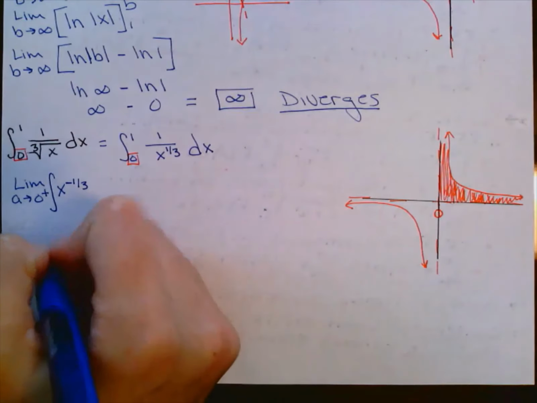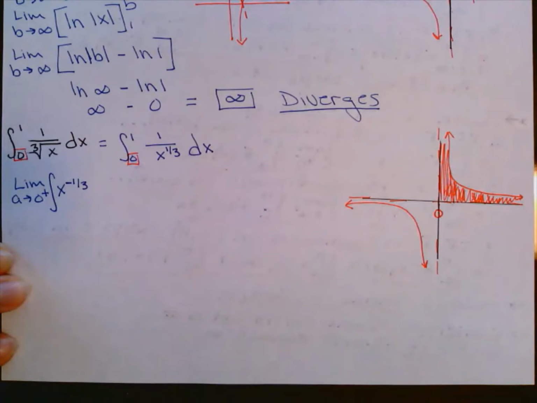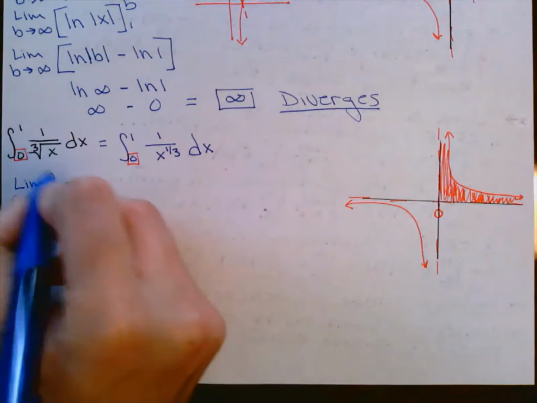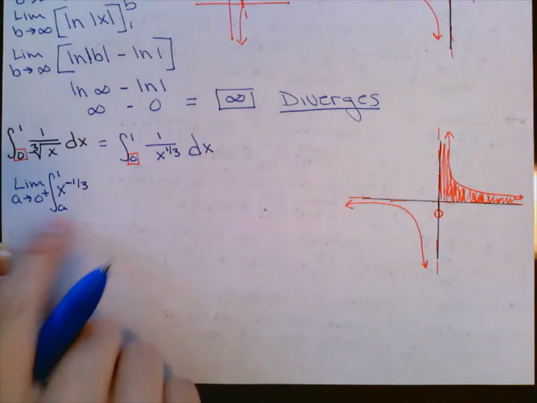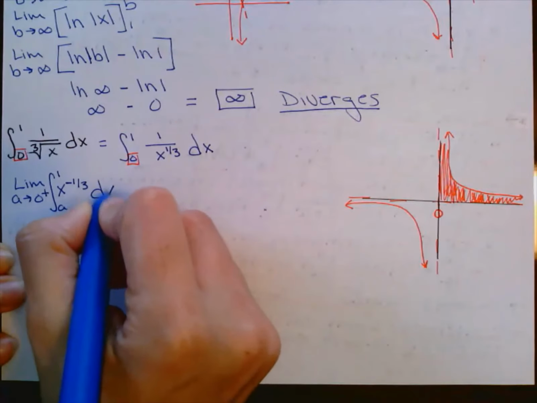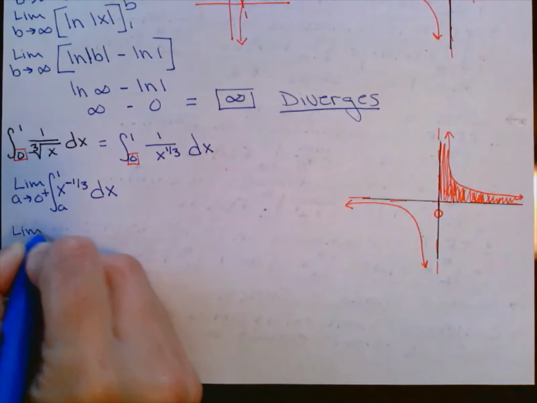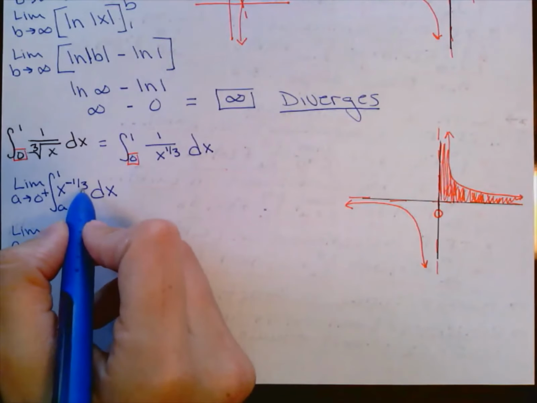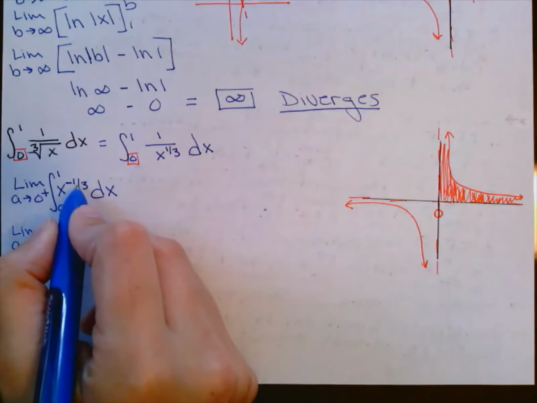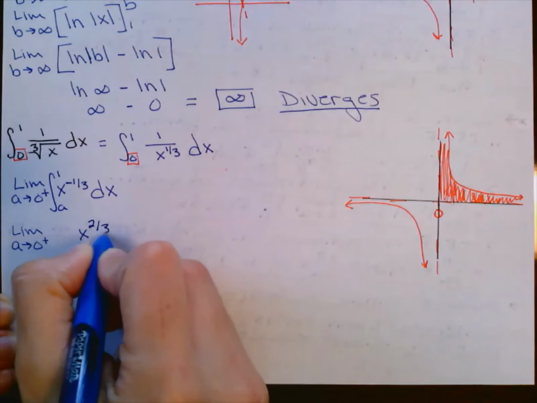Okay, my integral from a to 1, right? Because I put the a representing the 0, and the 0 was down on the bottom. And then put dx. So I'm not going to plug that in yet. I'm going to say my limit as a approaches 0 from the right. My antiderivative here, I'm going to add 1 to that exponent. If I add 1, it's like adding 3 over 3. So I'm going to say x raised to 2 over 3.